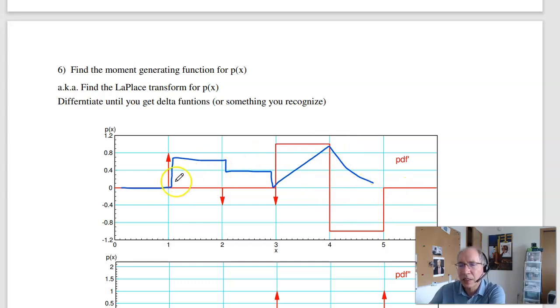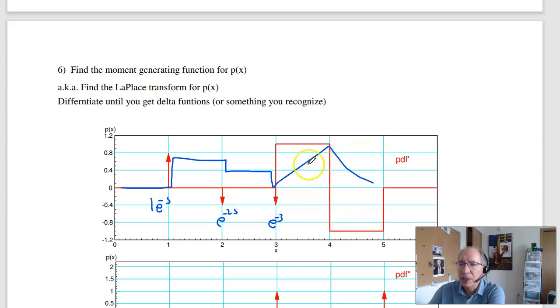The delta functions I like. I know what the Laplace transform is. It's just 1 times the delay, 1 times e to the minus s. This is equal to, times a constant, times 0.8. This is 1 times e to the minus 2s, 1 times e to the minus 3s, times the amplitude.